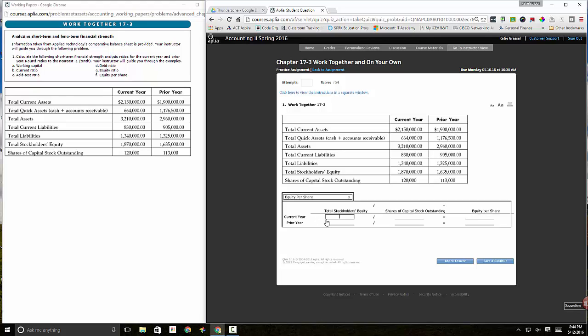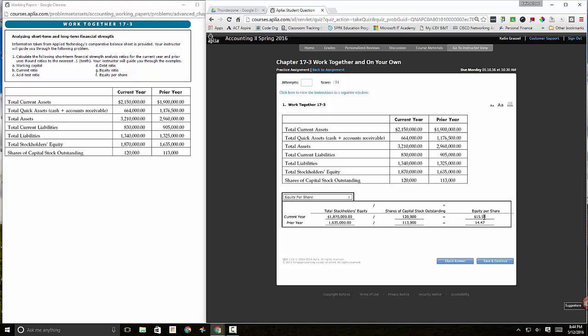Our current year was 1,870,000 divided by 120,000 shares of capital stock outstanding, because that's what this example is, not the one I was plugging in. That gives me 15.58. Prior year, 1,635,000 divided by 113,000 gives you 14.47.